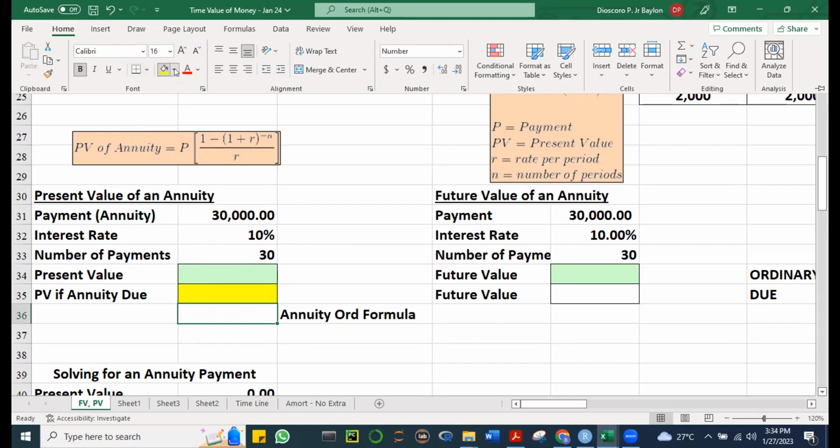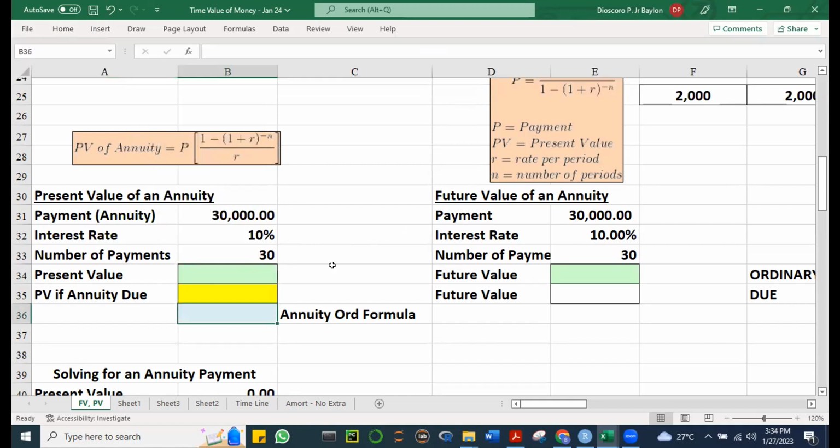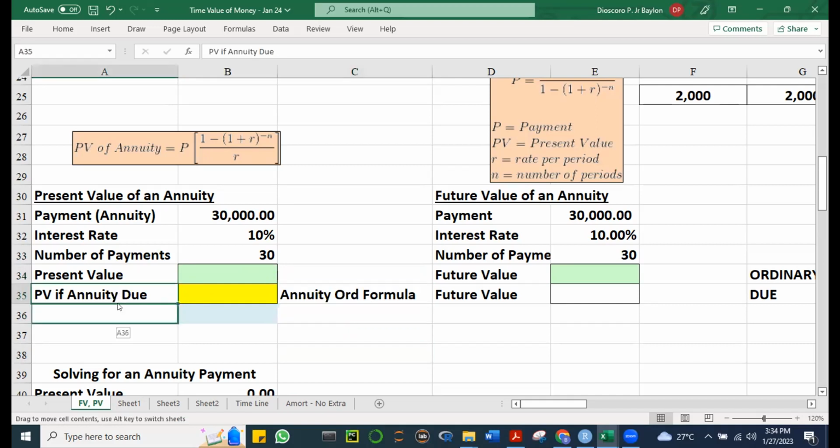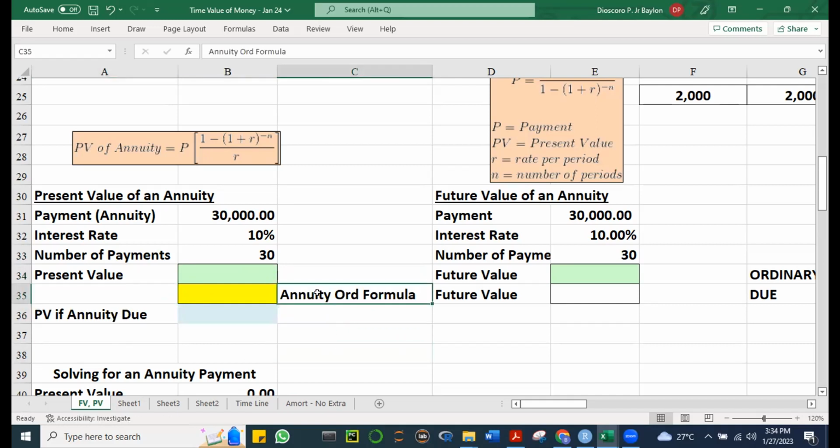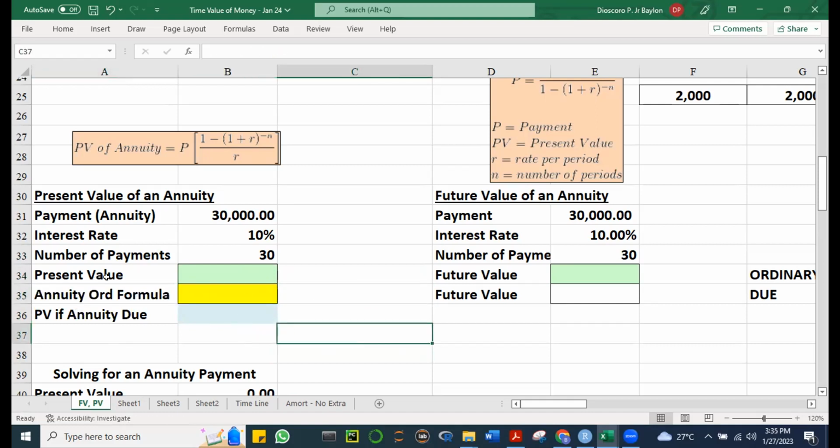Let's compare if we get all 3. This is annuity ordinary. So let's get the present value using the PV function and using the formula. And then what if it's annuity due?